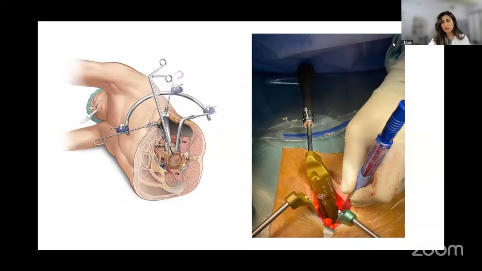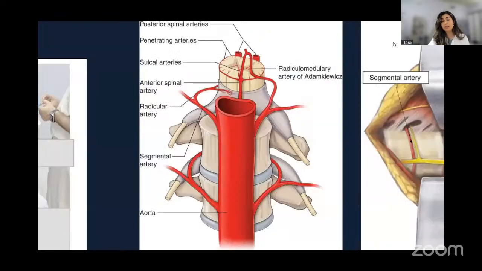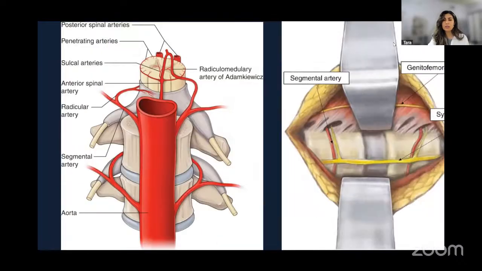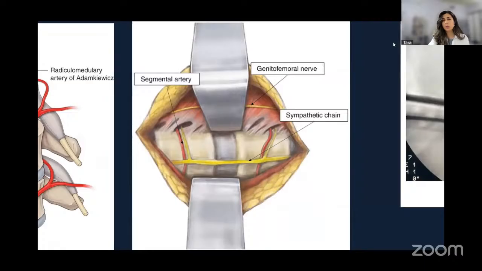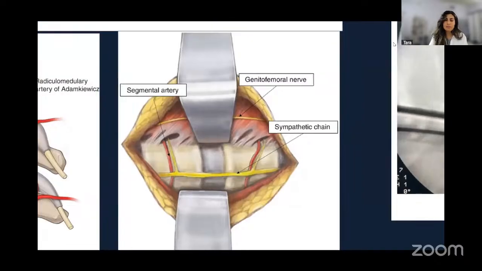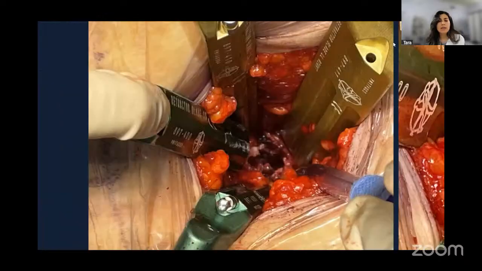When you reach the vertebra, you'll encounter some vital structures such as segmental arteries, which we usually see over the lateral aspects of the vertebrae. However, it's easy to avoid. We also see the sympathetic chain and genitofemoral nerve, which will be lying over the psoas muscle, and it is retracted posteriorly, decreasing the risk of injury.